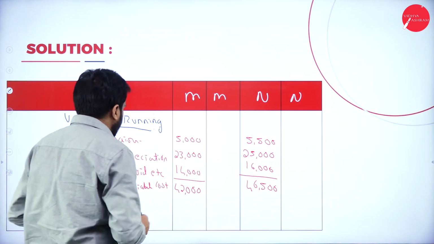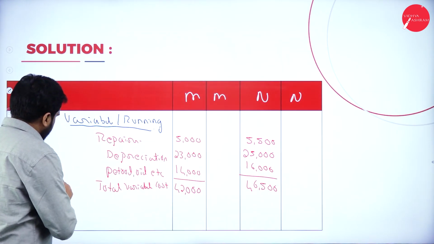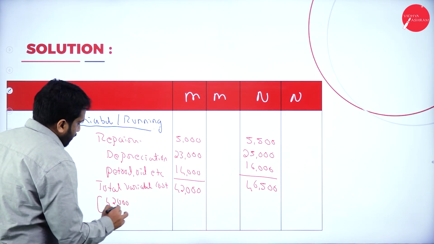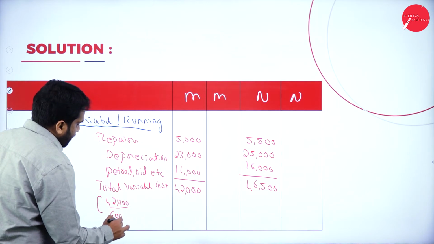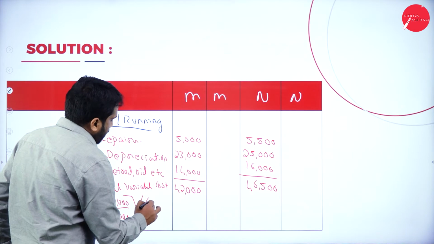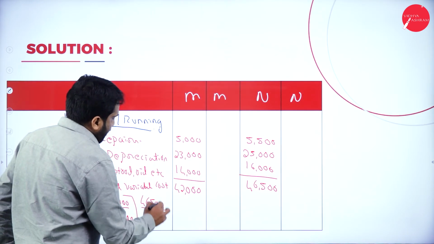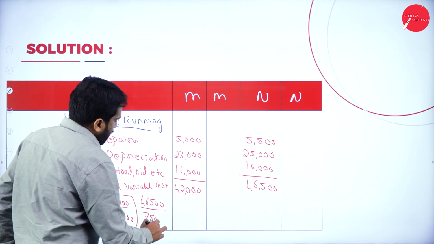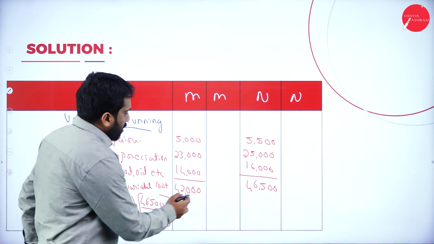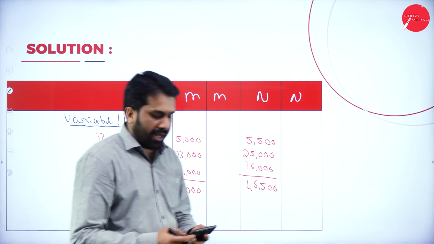Now calculate. Simple. Your calculation is 42,000 divided by 6 lakh, then 46,500 divided by 7,50,000. So we'll see what your answer is.